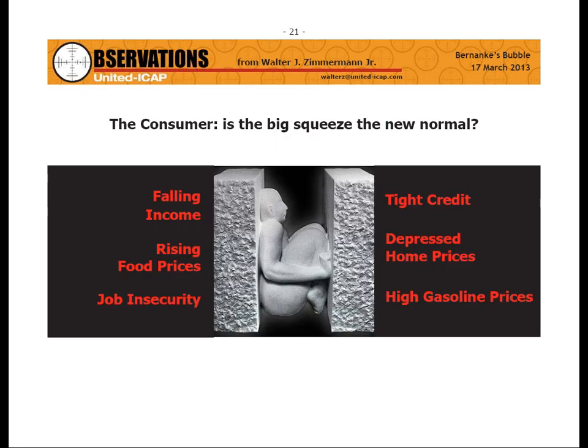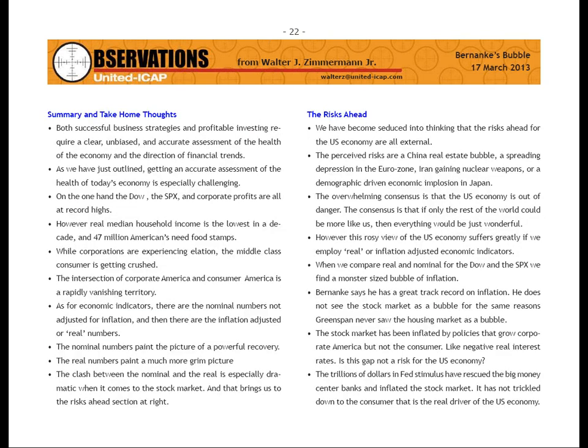But the bigger concern is the squeeze that's being put on the consumer, and the fact that our economy is not driven by the 30 Dow stocks or even by the 500 stocks of the S&P 500. Our economy, for better or for worse, is driven by the consumer, and the consumer is being squeezed big time.